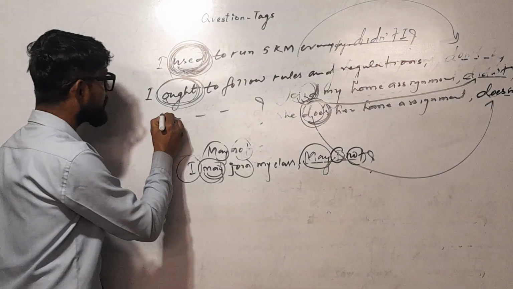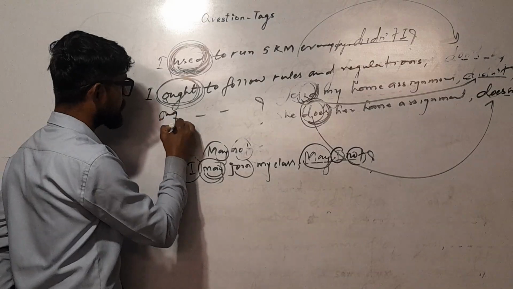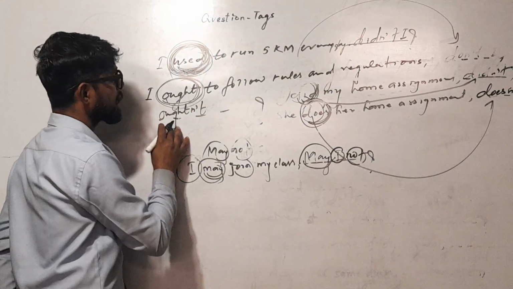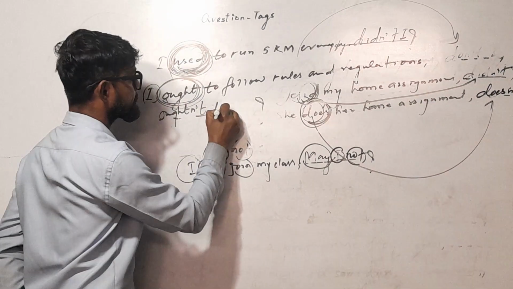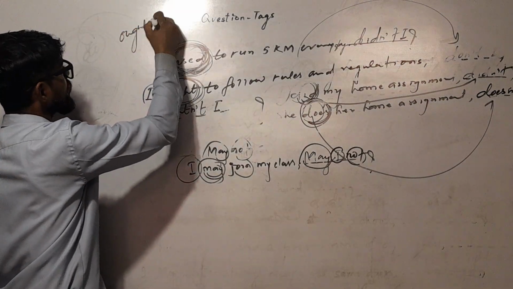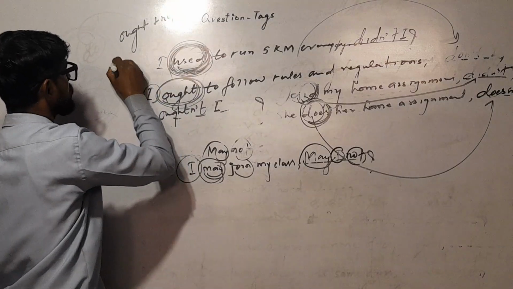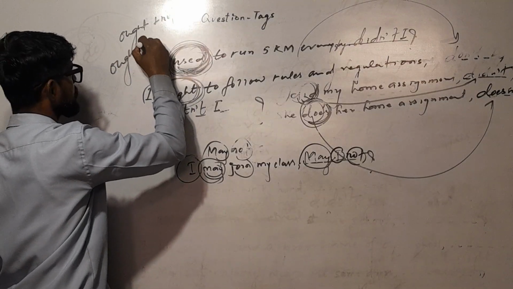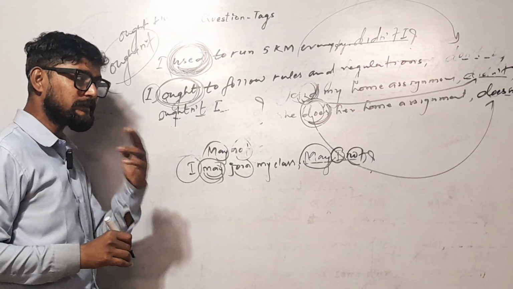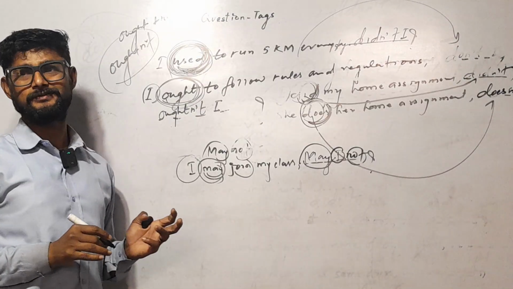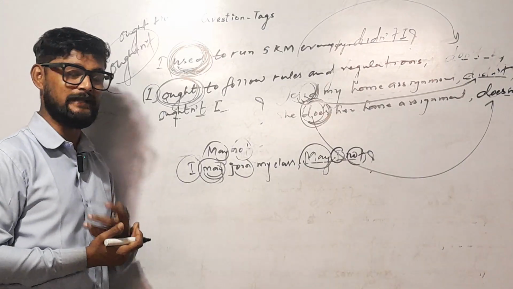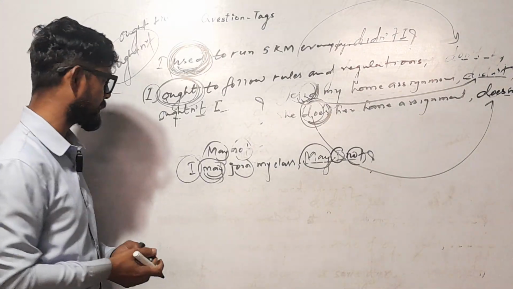So here we must write ought and then not: oughtn't I. Remember that when you get auxiliary verbs or helping verbs in the sentences, we feel very easy at that time, isn't it?